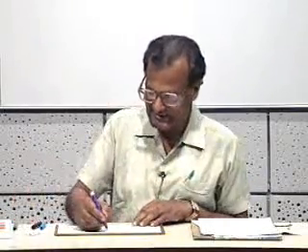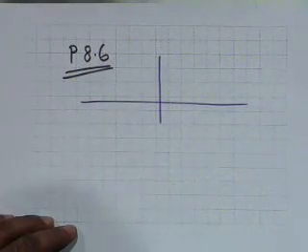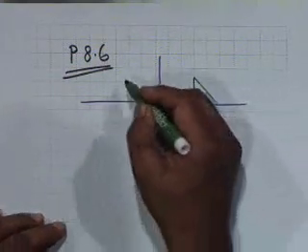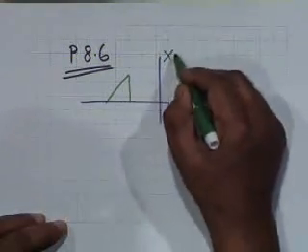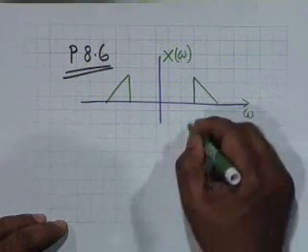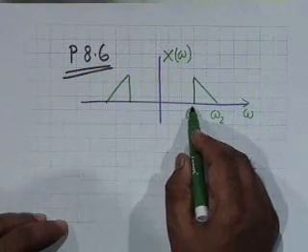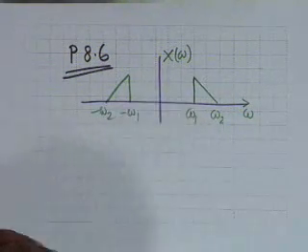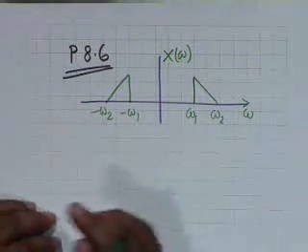What it says is, consider a signal whose spectrum is like this. This is capital X of omega versus omega, where this is omega 1, this is omega 2. The lower frequency end is limited to omega 1. This is minus omega 1, this is minus omega 2. Alright, this is the spectrum, and this is given.